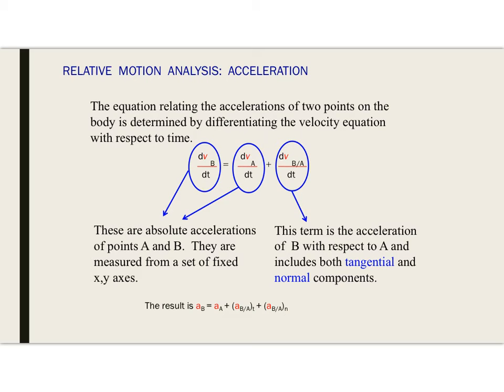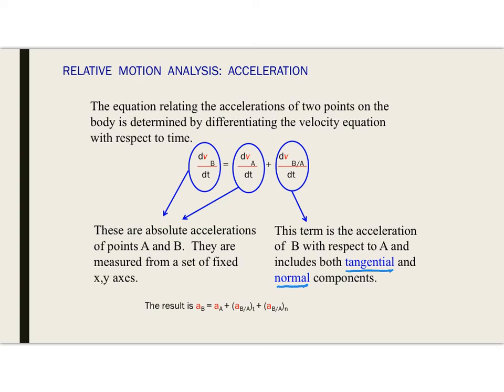So as a reminder, for the velocity expression, the velocity of point B was equal to the velocity of point A plus the relative velocity of B relative to A. But when we take the time derivative of these expressions, we find that the last term is the acceleration of B with respect to A, and there will be, as I said previously, a tangential and a normal component.